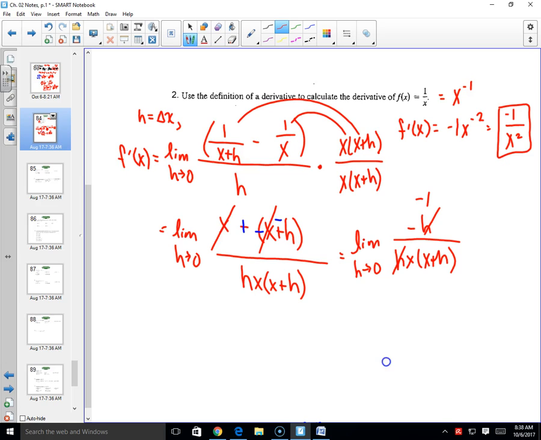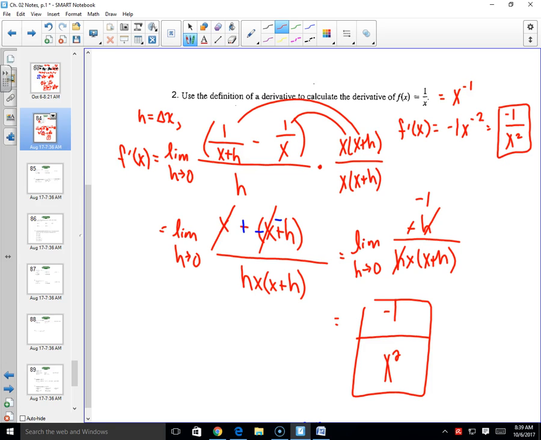You need to keep the negative so you don't forget. Now we're plugging in, and I only plug in for h, right? So x plus 0 is x. x times x is x squared. Four points on a nice long answer.